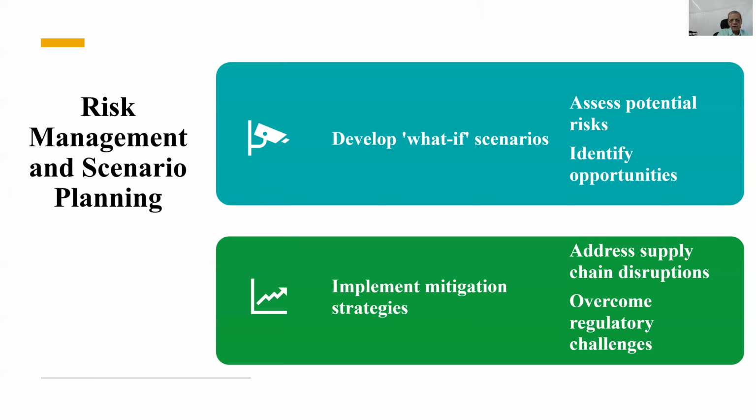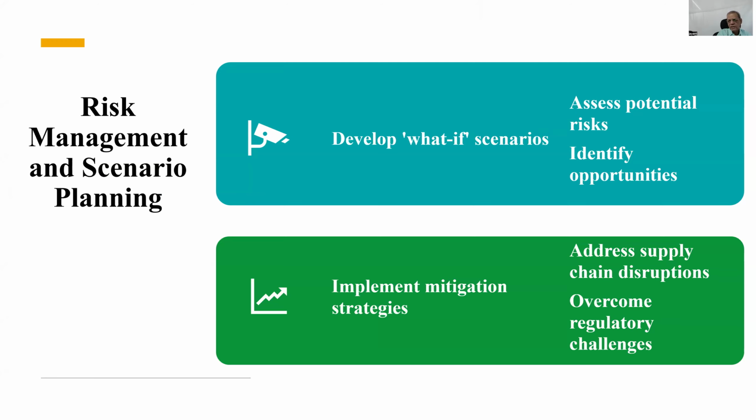Now, there are always some risk factors to be taken into consideration, and that is where you can think about scenario planning. So you can develop the what-if scenarios. If this happens, what will I do? If this happens, what can I do, and all that.